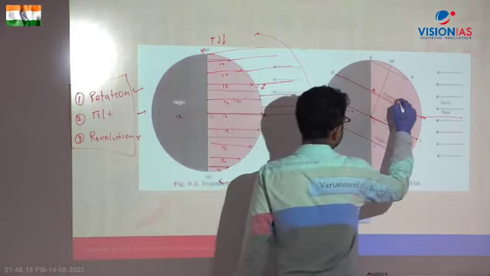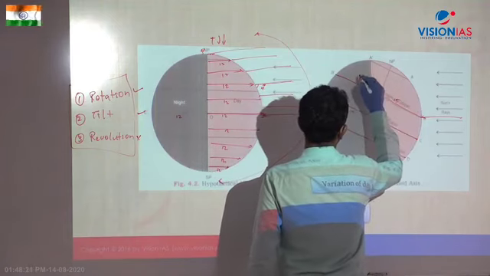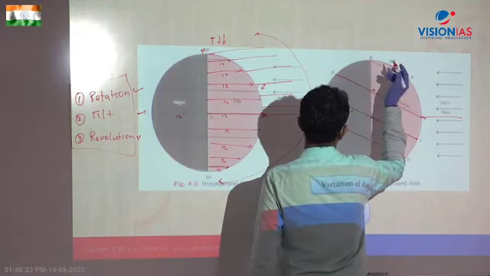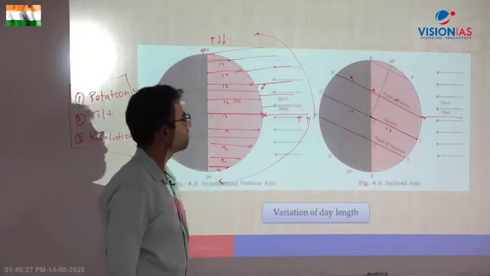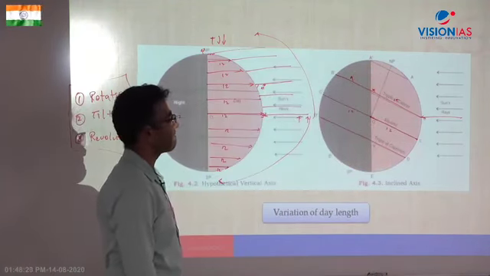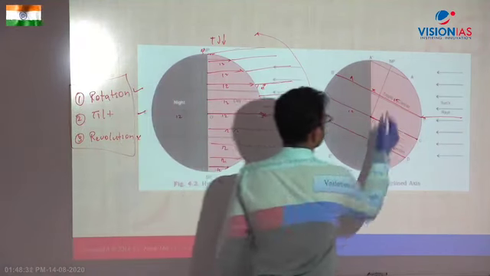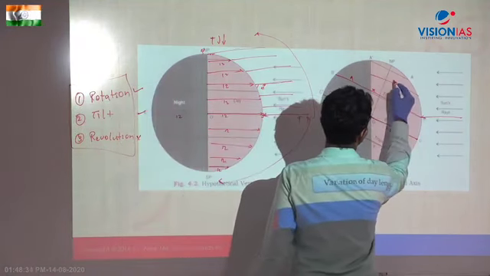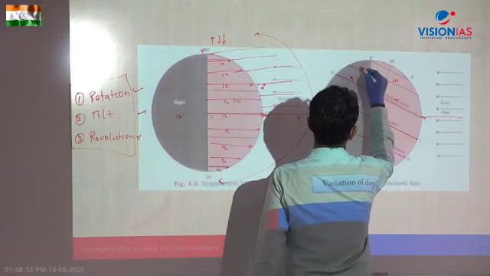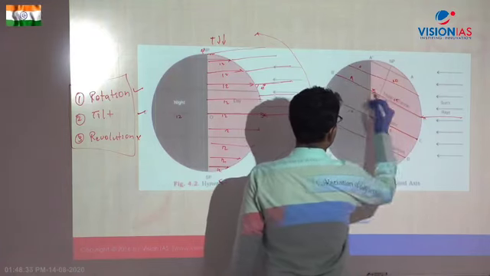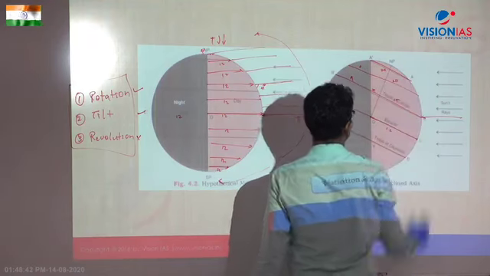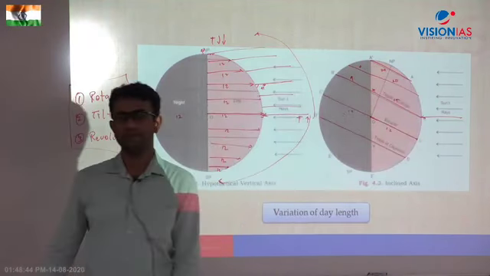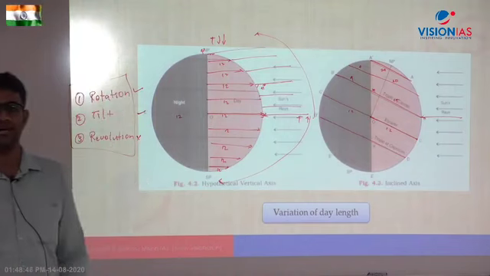Maybe here it is 15 hours of day and then 9 hours of night. Here it is 20 hours of day, 4 hours of night. Beyond certain point, it's always day, it's always exposed.